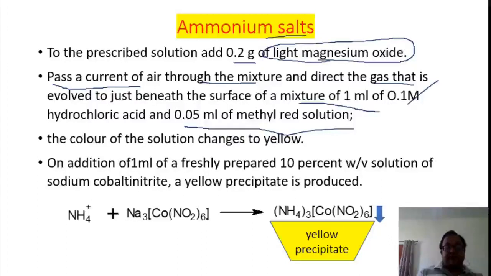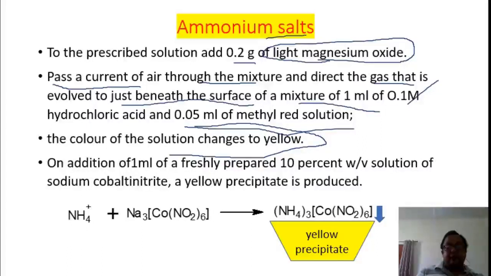How to pass this gas? This evolved gas is passed just beneath the surface of the mixture. As soon as this gas passes, the color of the solution changes to yellow.